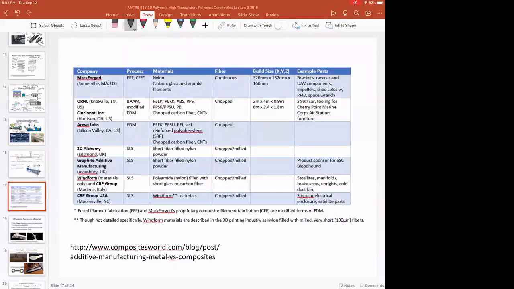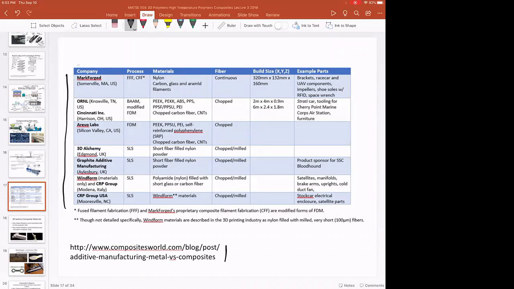So the AM industry knows that composites are important. This is a really nice article. These are some companies that are interested in composite materials, and you notice that there's not a lot of companies that really specialize in this, even though we can buy composite feedstocks.